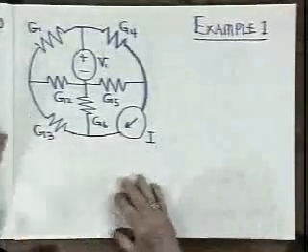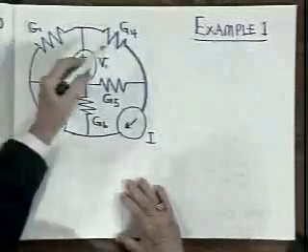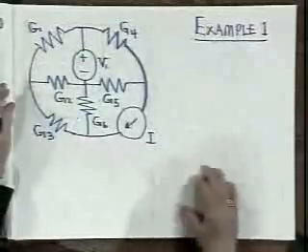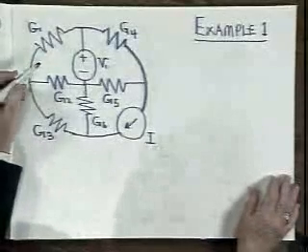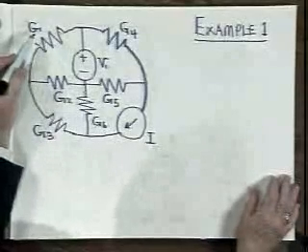Let's apply it now to a specific example. Here's a circuit which has 1, 2, 3, 4, 5, 6 resistors in it, and I've shown the resistances here not as R's but as G's, as conductances. The reason for that will be clear in a moment.